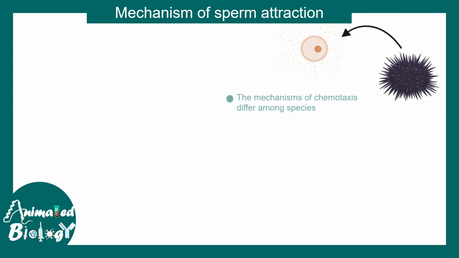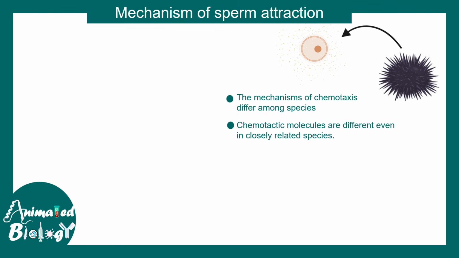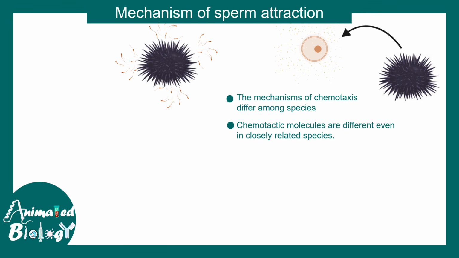Now here is the sea urchin ovum, and let's talk about the mechanism of chemotaxis and how it differs in different species. Chemotactic molecules are different in different species. Even if the species are closely related, these molecules are quite different. Sperm motility is acquired only after the sperm is spawned into the aquatic environment.